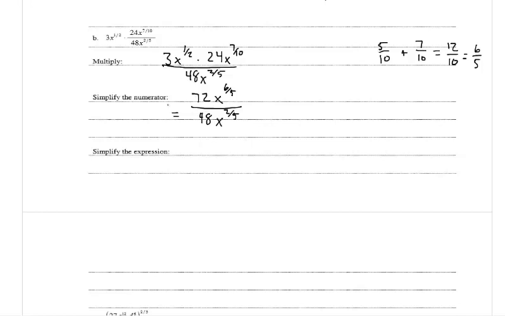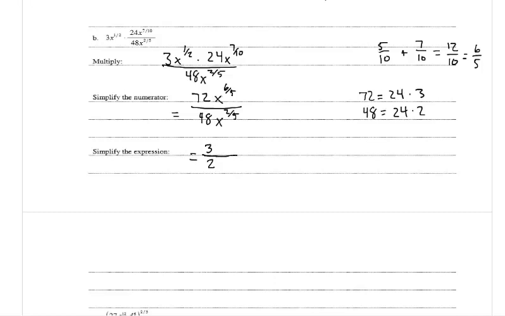In order to simplify this expression, we need to simplify 72 over 48, and we could write 72 as 24 times 3, and we could write 48 as 24 times 2. So the 24s are going to cancel if we were to write this in factors, and we're going to be left with 3 over 2.